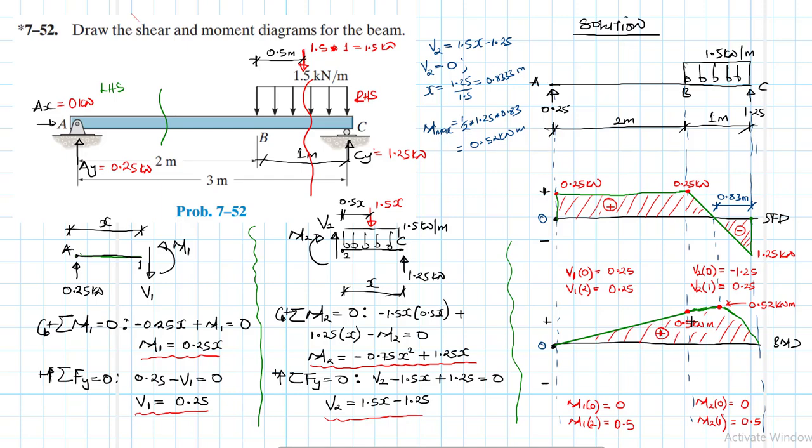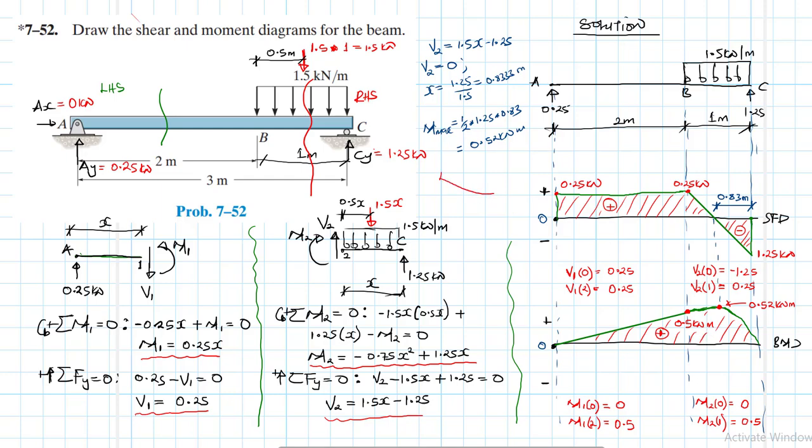In some books, you find that instead of showing the moment like this on top, they will show it at the bottom, which is also correct. They'll just flip it and mirror it on the other side, which is also just following the way the beam bends.